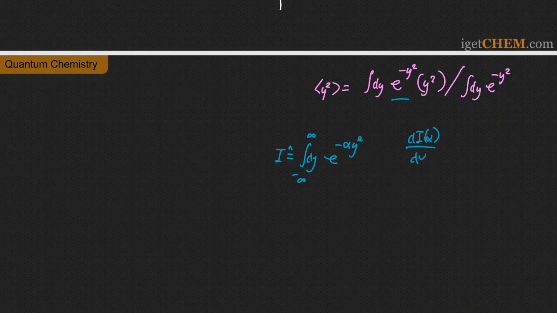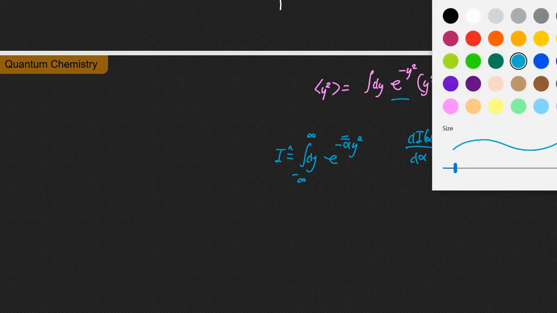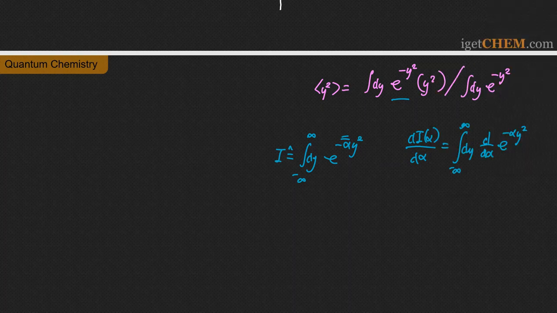I can differentiate the integral with respect to alpha, and the differentiation will commute with the integration. So what you have is d d alpha of e to the minus alpha y squared, and you can do that because there's a factor of alpha there.